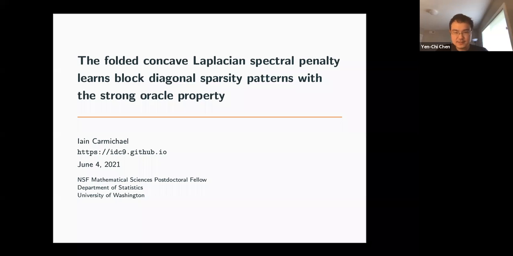Iain received his PhD from UNC Chapel Hill, advised by Professor Bahmidi and Marans. His research covers network analysis, image, and multi-view data, and he also has a lot of cool applications in genomics and computational pathology. Today, he's going to talk about a very exciting topic in Laplacian methods.